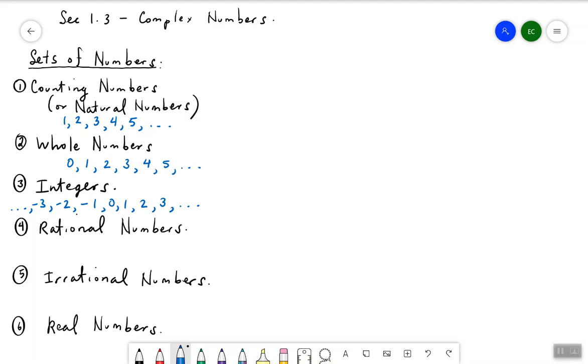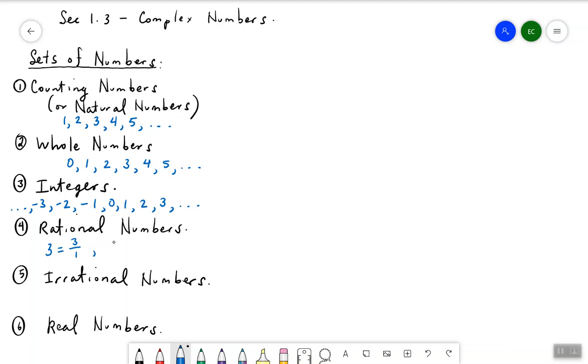The set of rational numbers is a little bit harder to list out. The set of rational numbers is all of the numbers that can be written as a fraction. And so you could think of any integer, for example, 3. 3 is a rational number because it can be written as 3/1.